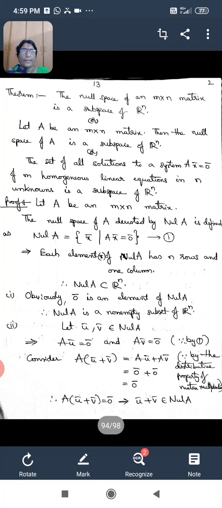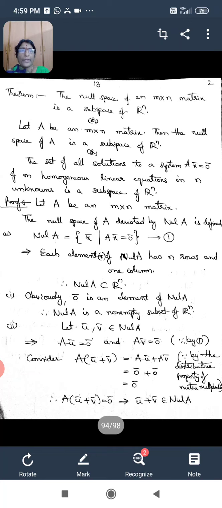And as null A consists of all the n by 1 column vectors which satisfy the equation A x bar is equal to 0 bar, here in place of x bar, if we take 0 bar, then we have A 0 bar is equal to 0 bar. That means capital A, which is a matrix of order m by n, when multiplied to 0 bar, a column vector of order n by 1, gives rise to again a zero vector of order m by 1.